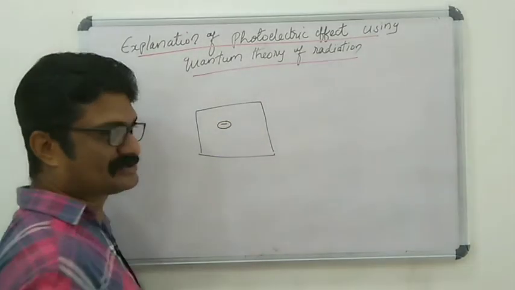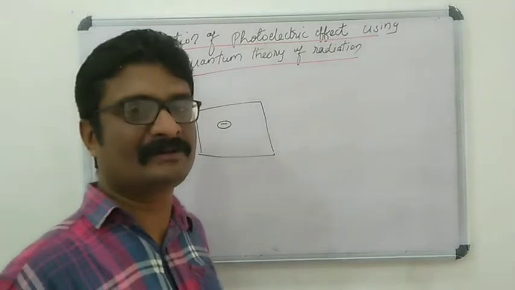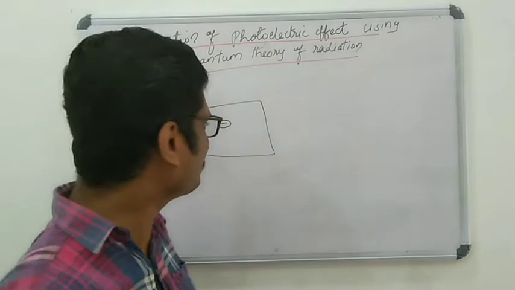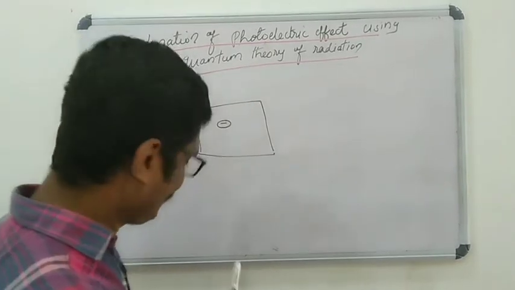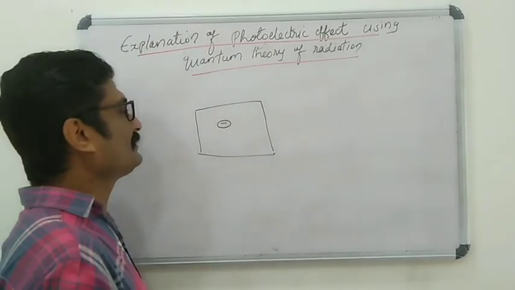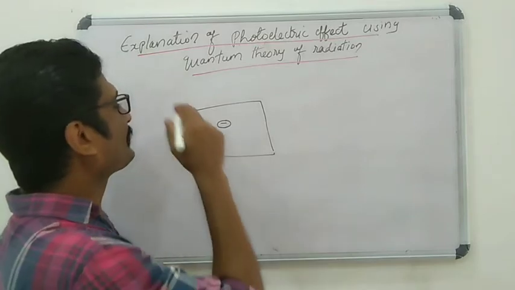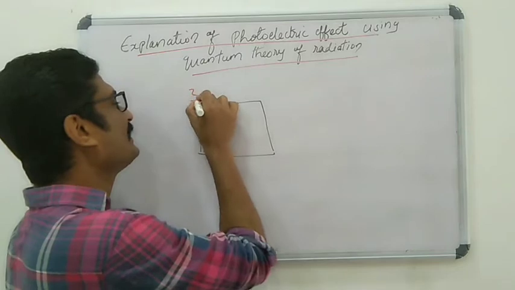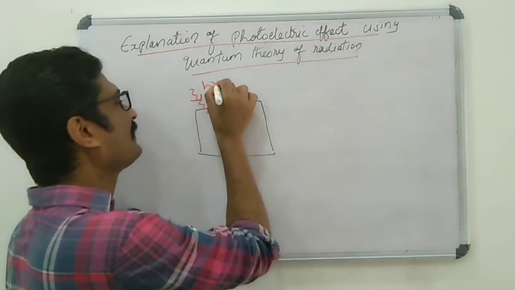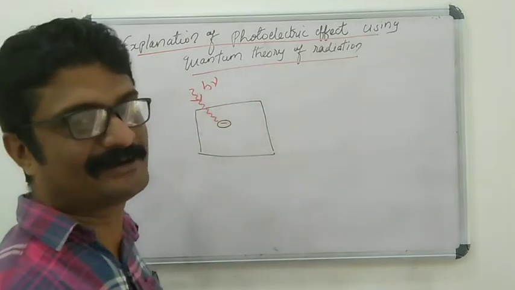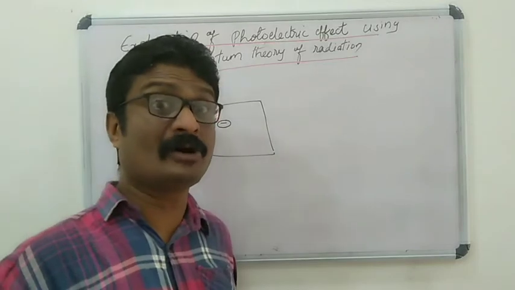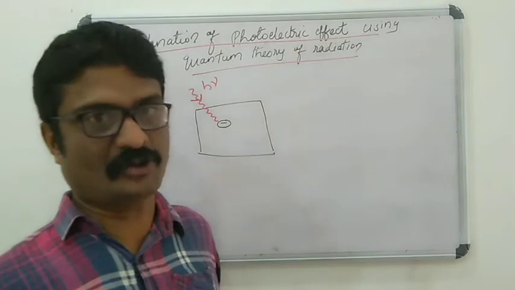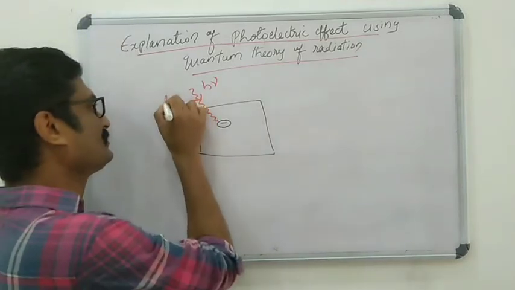This indicates the electron present in the surface of metal. Suppose h nu is, yes, we know h nu is the amount of energy possessed by that incident photon of light.